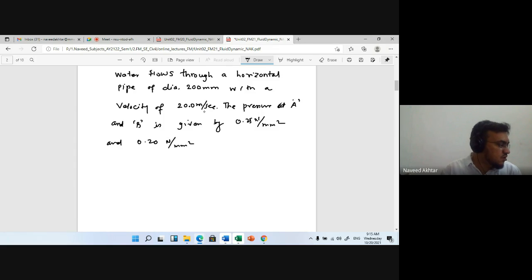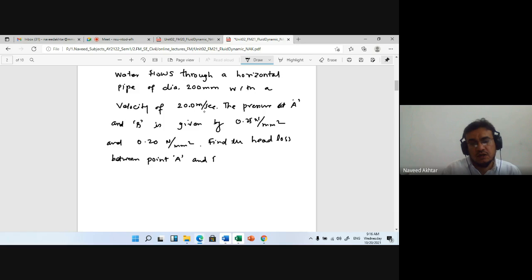Find the head loss between point A and B.